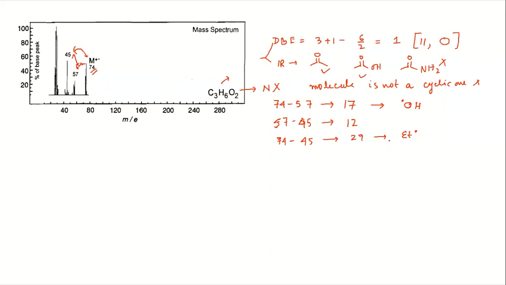So that means you have two fragmentations. One is the OH radical coming out. In another fragmentation, the ethyl radical is coming out. Since you have OH dot coming out, you can tell the molecule is having OH functionality.